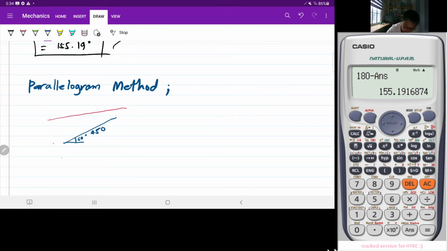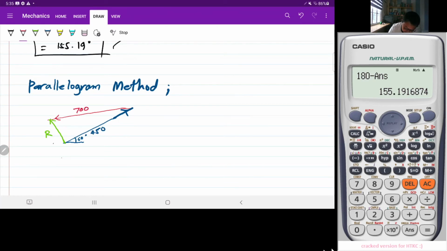Okay, we'll just extend. Okay, and this is my R. Okay, this is my R now. Okay, this is my head. So this is the head of 450. Okay, this is the head of the 700.